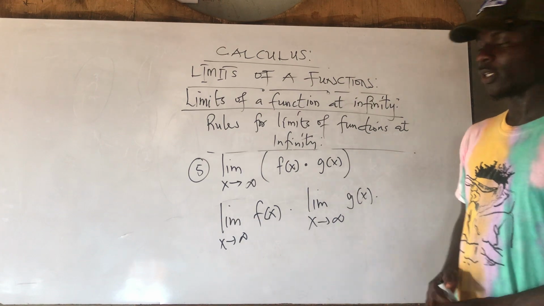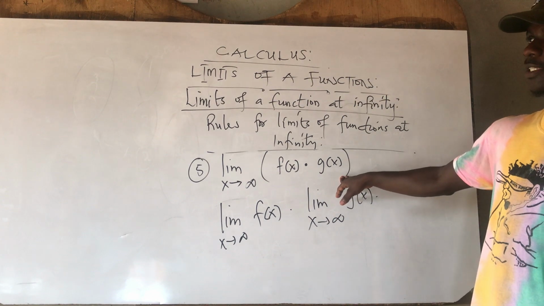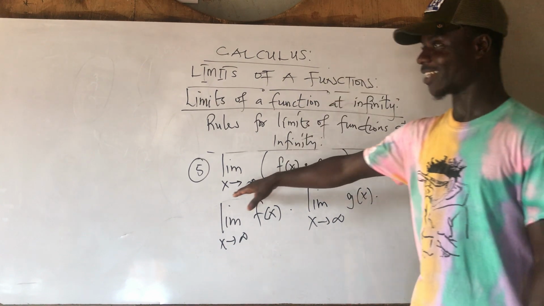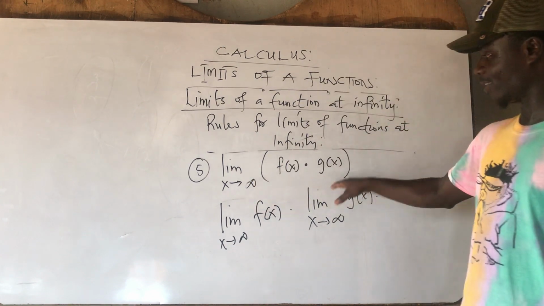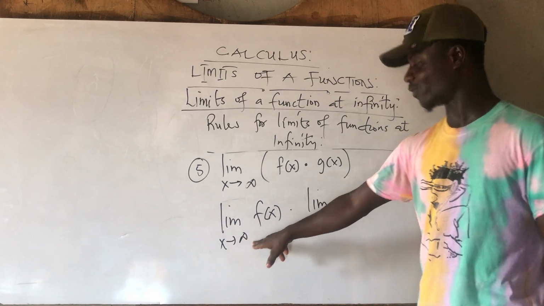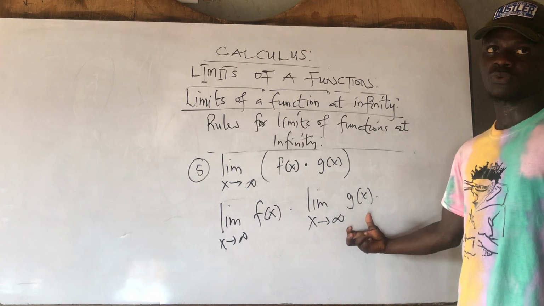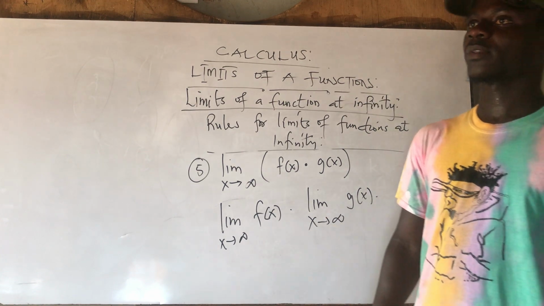Very simple. The limit of f of x times g of x is the same as the limit of f of x as x approaches infinity times the limit of g of x as x approaches infinity.